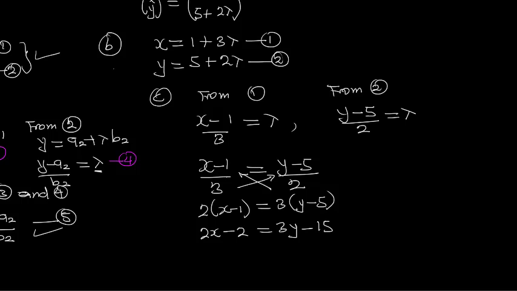This we can also write as 2x minus 3y is equal to minus 13. This is the Cartesian form of the equation of a line. If there's no restriction, you can also leave your answer in this form as the Cartesian equation of a line.